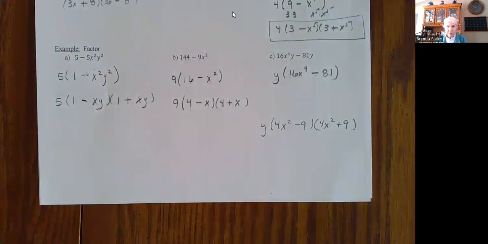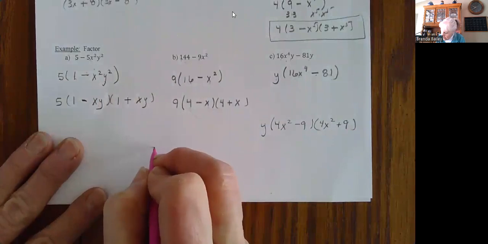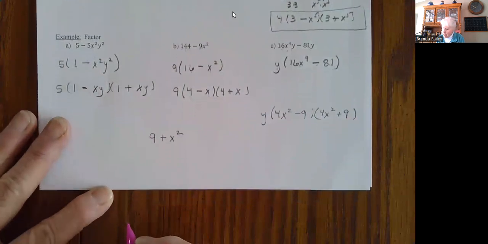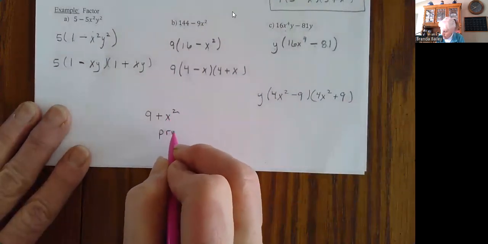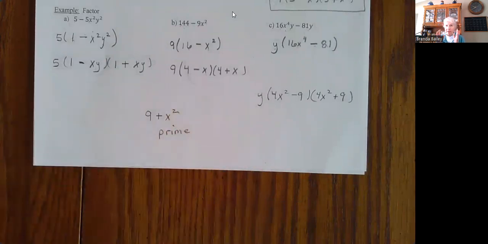And there's your factoring. Now what happens if I have a plus? If I had 9 plus x squared, this is prime. What that means is that if you were to graph this, there's no x-intercept. If you were to graph this, it's above the x-axis.